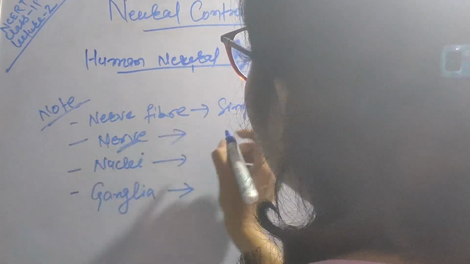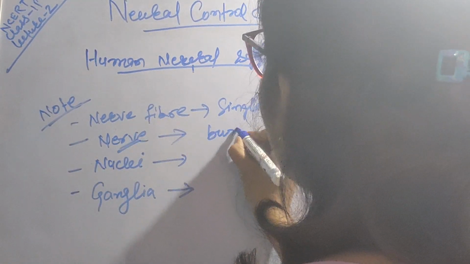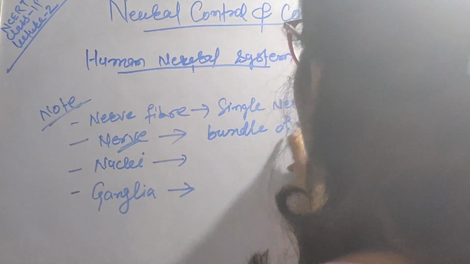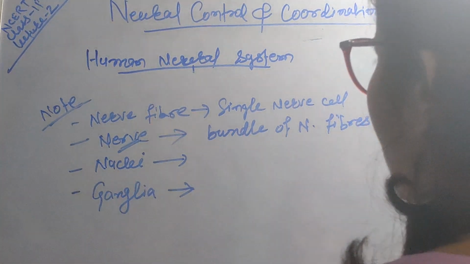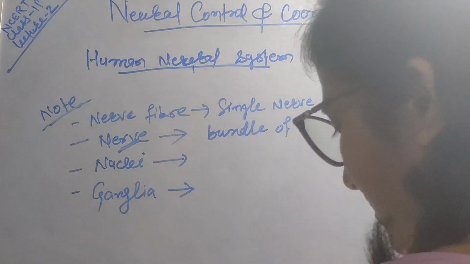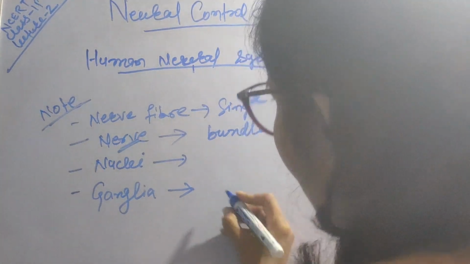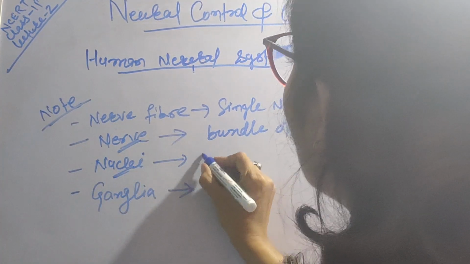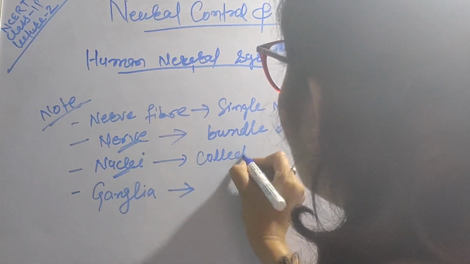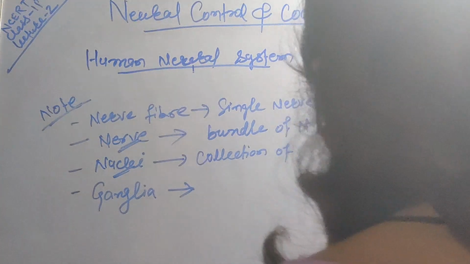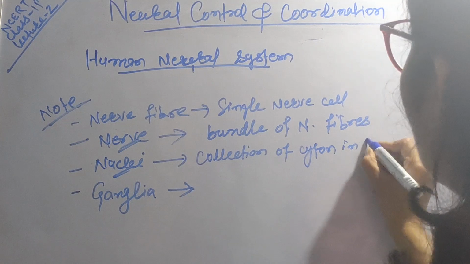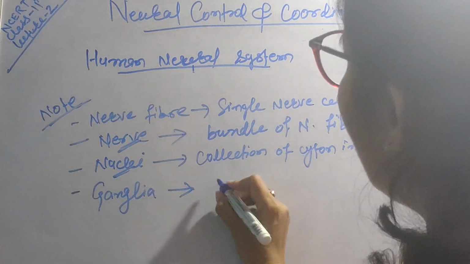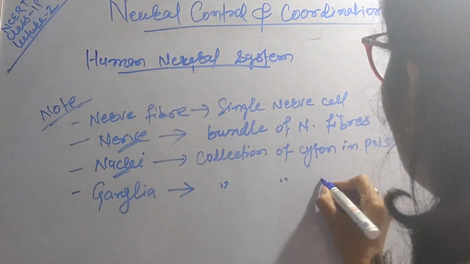The nerves are bundles of nerve fibers. The nuclei are collections of cell bodies in the central nervous system, and ganglia are the same in the peripheral nervous system.